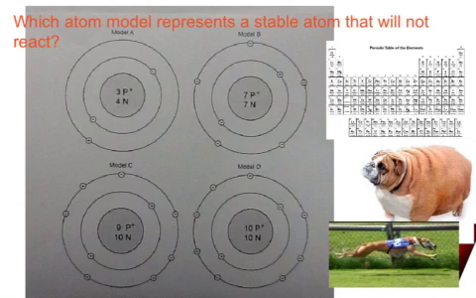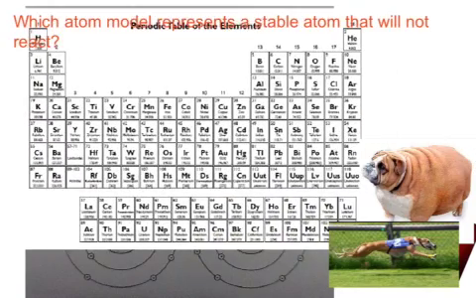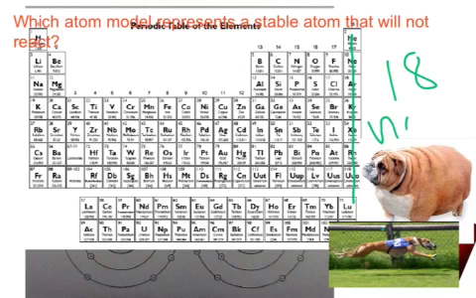Okay, and looking at the same models A, B, C, and D, we're now looking for a model that represents a stable atom that will not react. If we look at our periodic table, we will remember that the most stable group is right here in group 18. Group 18 is our noble gases, and the noble gases are the most stable group on the periodic table.